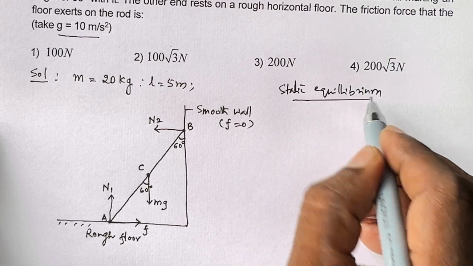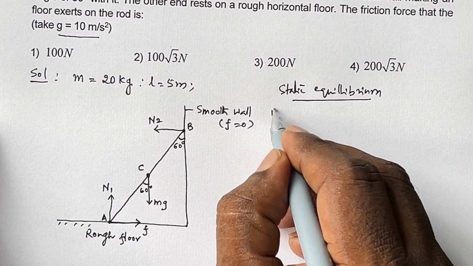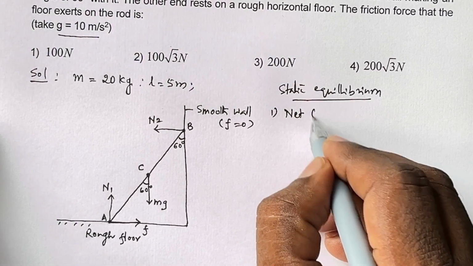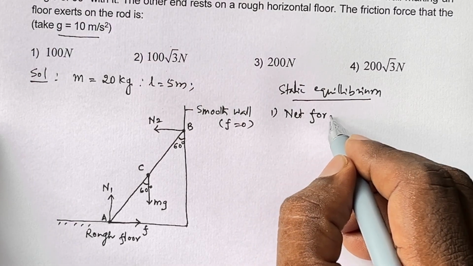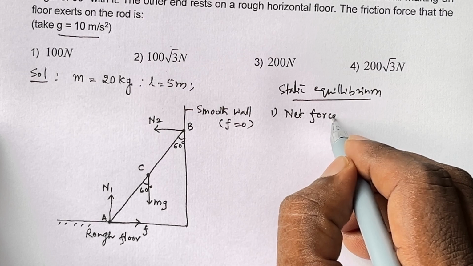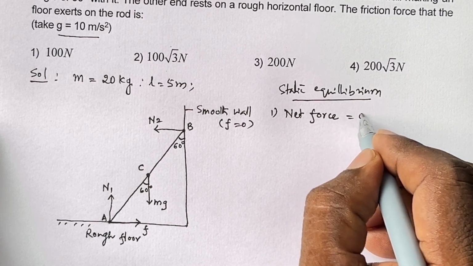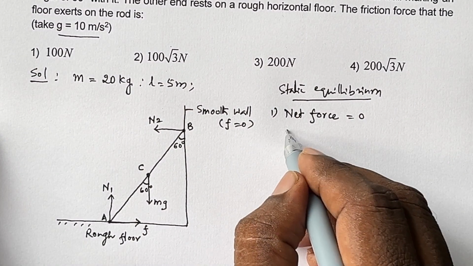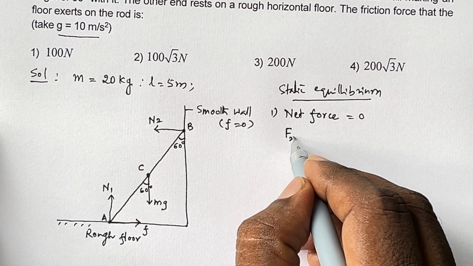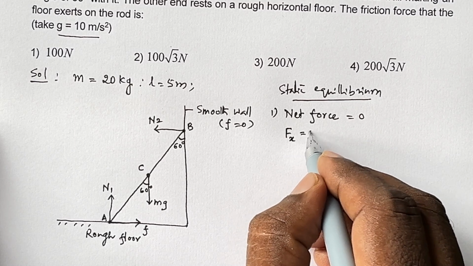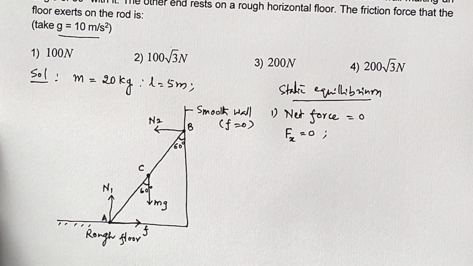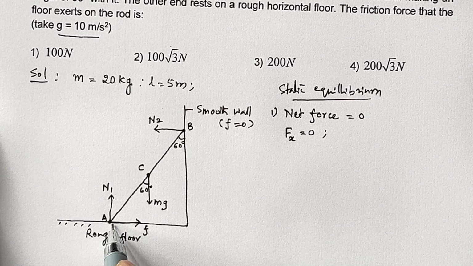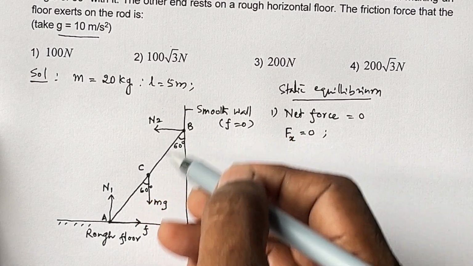So what is the condition for static equilibrium? Number 1, net horizontal force: translatory motion is stopped by the force, so the net force is equal to 0. Let us see the forces acting along the x-axis, whether they are becoming 0 or not. Along the x-axis, frictional force is acting, and in the opposite direction N2 is acting.